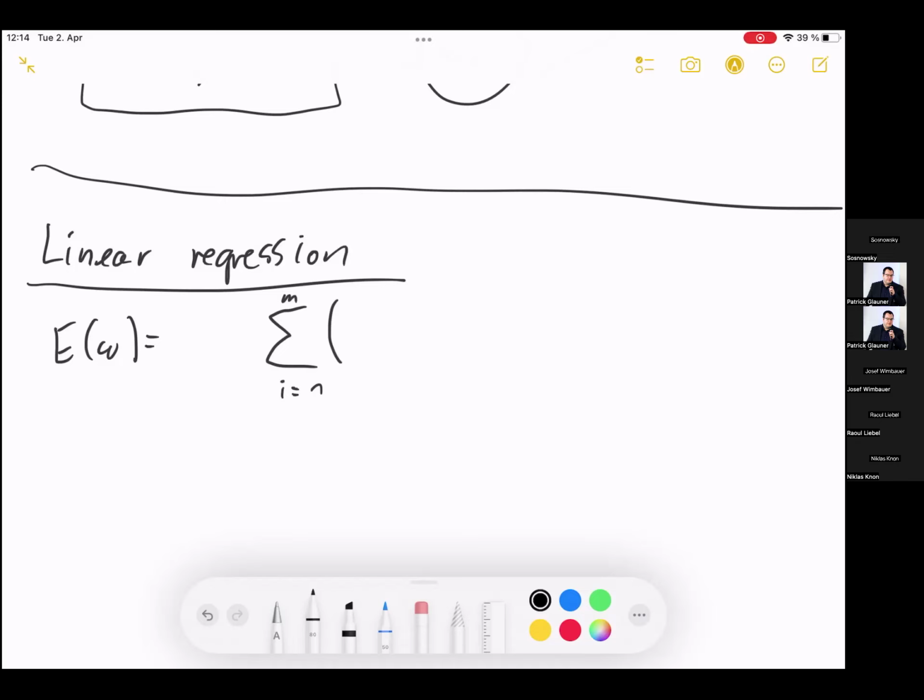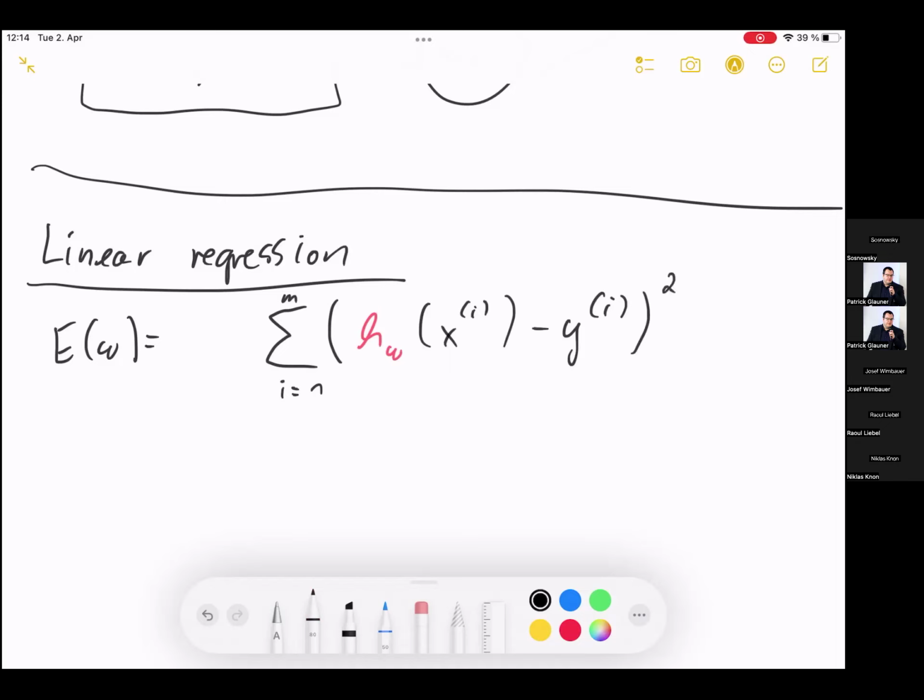So we have our hypothesis for these weight vectors, and in the hypothesis we put in our example xi. We go through all these examples, we predict a label for that example, and we have a difference to the correct label from the training set.